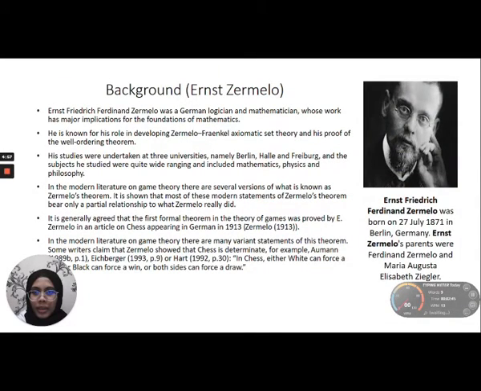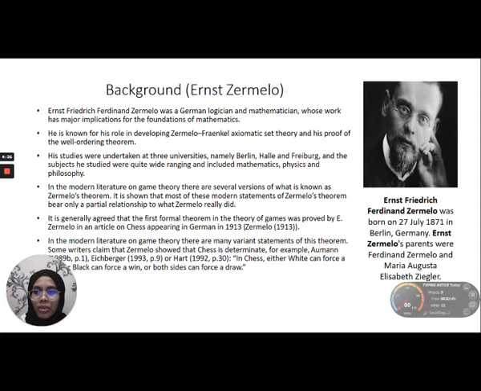Here is some background about Ernst Zermelo. Ernst Zermelo was born on 27 July 1871 in Berlin, Germany. His parents were Ferdinand Zermelo and Maria Augusta. He was a German logician and mathematician whose work has major implications for the foundation of mathematics.